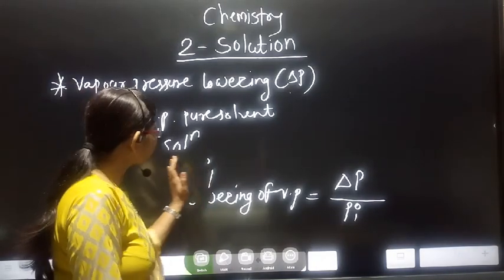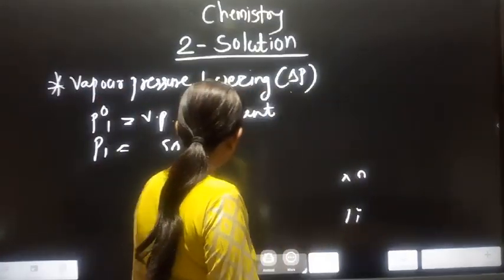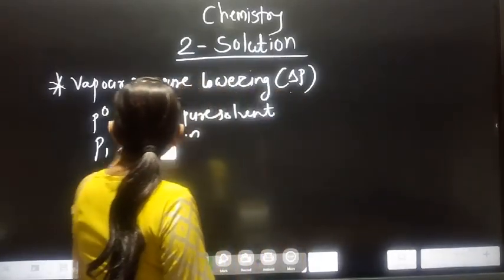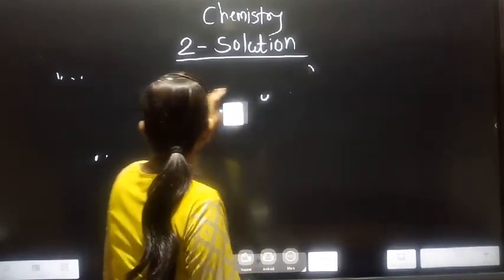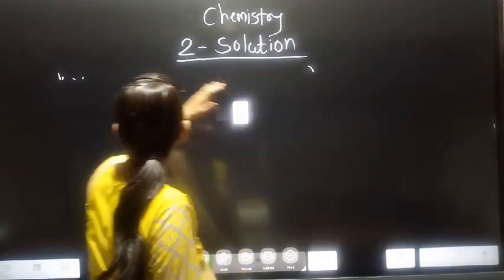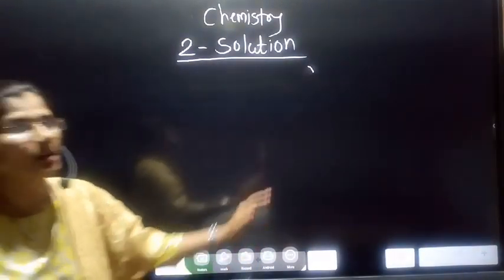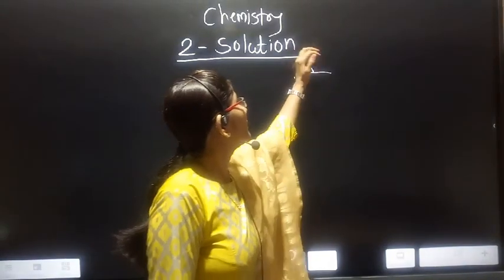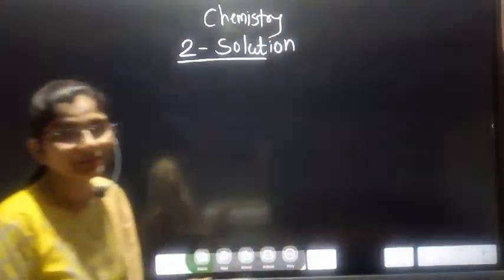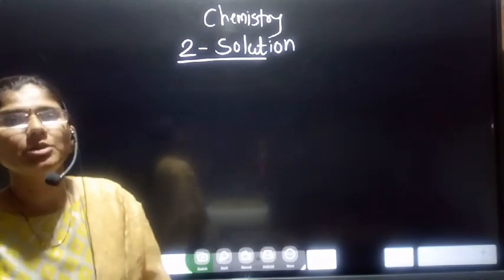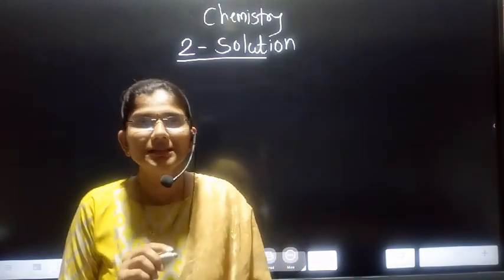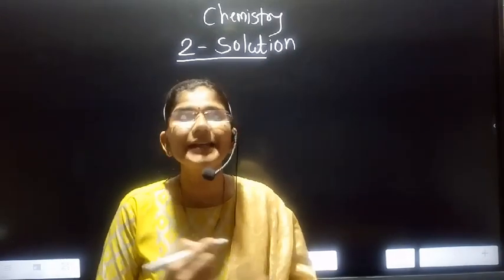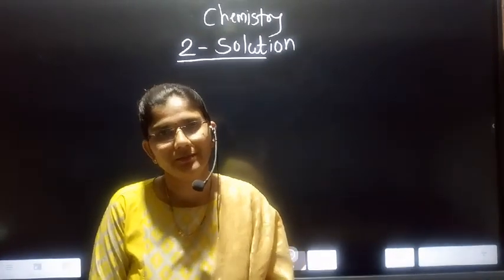Next, we have to show that the lowering of vapor pressure is a colligative property. For that we know Raoult's law, which is stated for the volatile component of the solution.